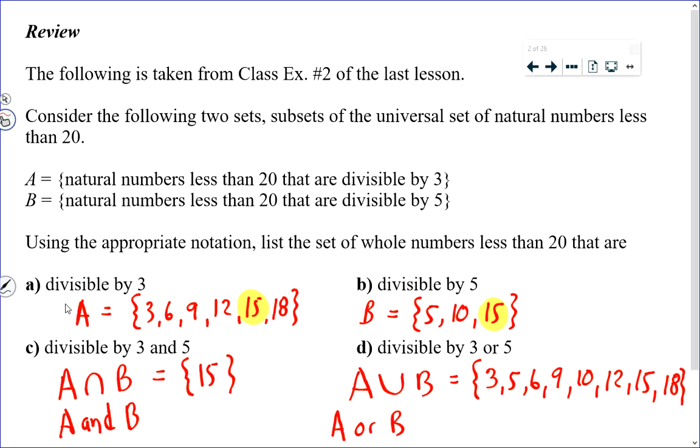Are all of B's pieces included? 5, 10, and 15, yes. Are all of A's included? 3, 6, 9, 12, 15, and 18. Yes. So those are all of the elements in the union of A and B.